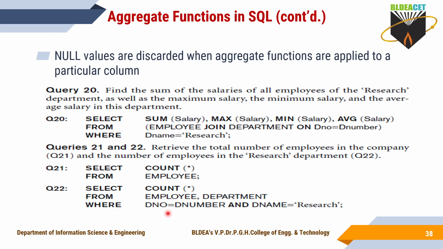Here the joining condition is specified in the where clause, whereas earlier we specified the joining condition in the from clause. This is the procedure to join tables in the from clause, and this is the procedure to join the tables in the where clause, and dname equal to research. So this is about aggregate functions. Is it clear now? Okay.